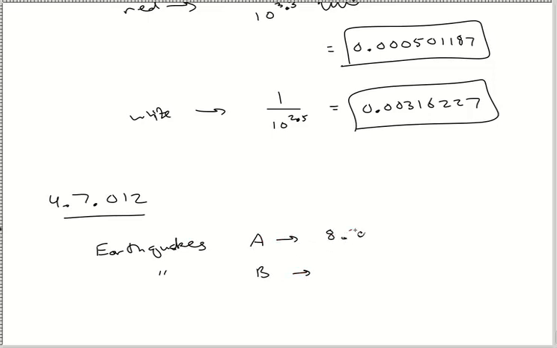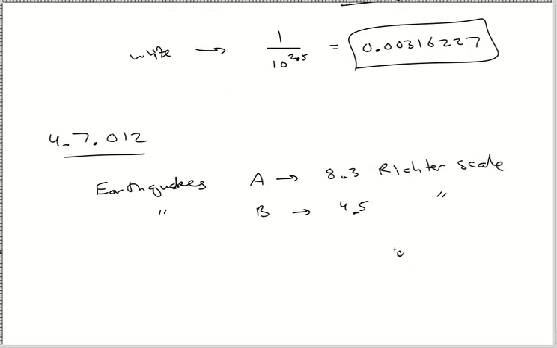So then we got 8.3 on the Richter scale, and this guy is a 4.5 on the Richter scale. If you know anything about earthquakes, 4.5, I don't know if that's big or not, but it's not anything compared to the 8.3. This thing is super, super huge compared to this guy, okay?